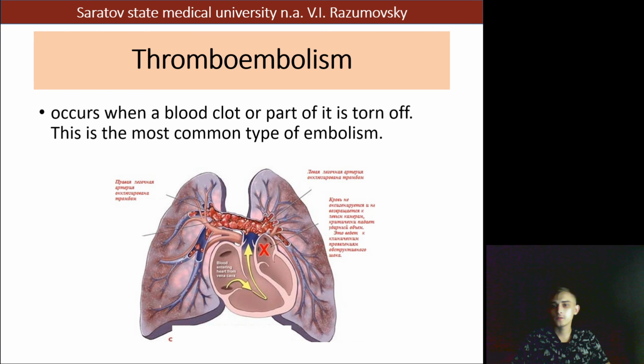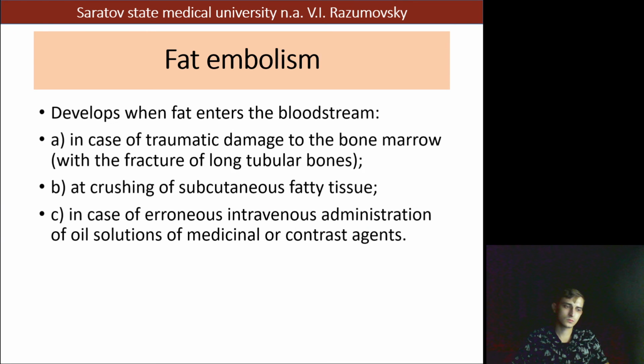At crushing of subcutaneous fatty tissue, for example, it may be associated with car crushing. In case of erroneous intravenous administration of oil solutions of medical or contrast agents, it's associated with the treatment.